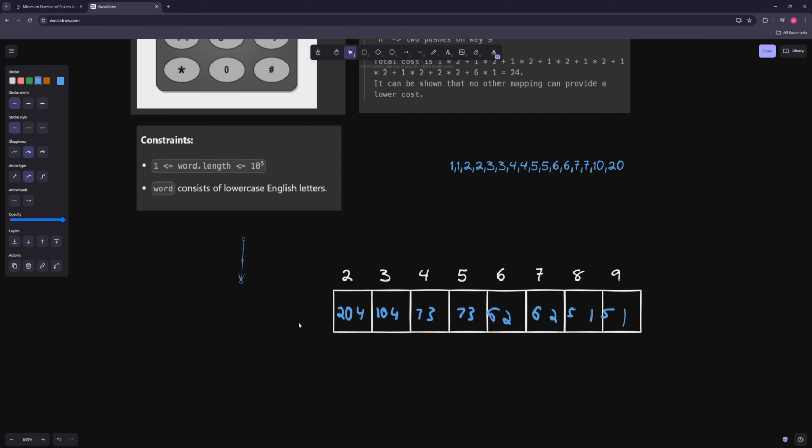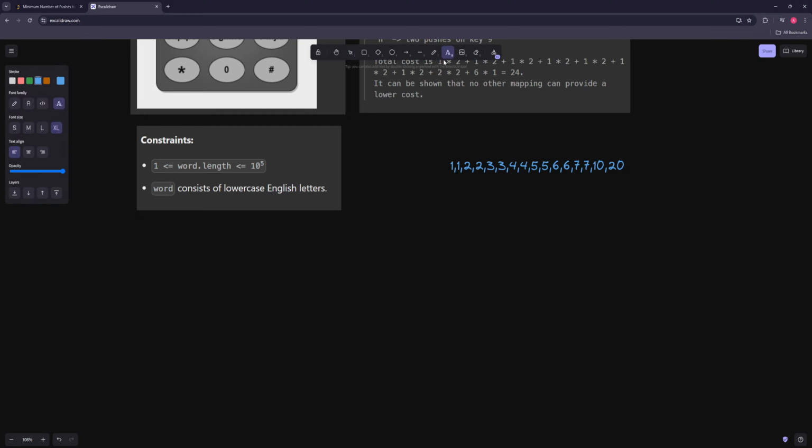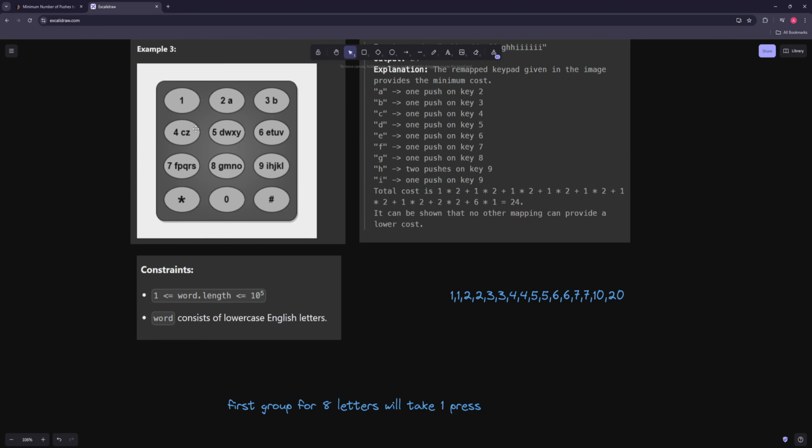But it turns out we don't really even need to put them in places. We can just figure out what group of 8 they're going to be in, right? The first group of 8 letters that we put in will take 1 press, because we're going to map to 2, 3, 4, 5, 6, 7, 8, 9, let's say.